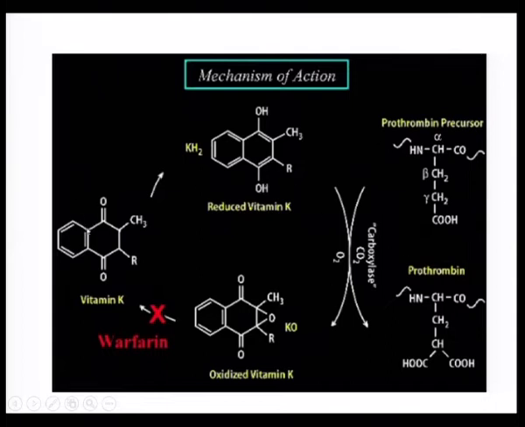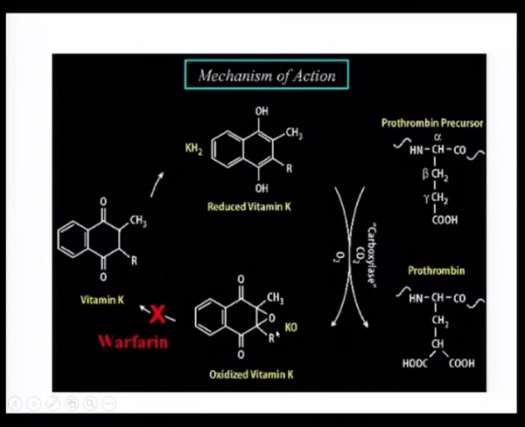Vitamin K gets activated and it helps in the transfer of the carbonyl group, and this carbonyl group is key in converting the inactive precursor of prothrombin to the active form of prothrombin. So you see over there, you have one extra carboxyl group being added. This reaction is essential for the normal pathway to proceed.